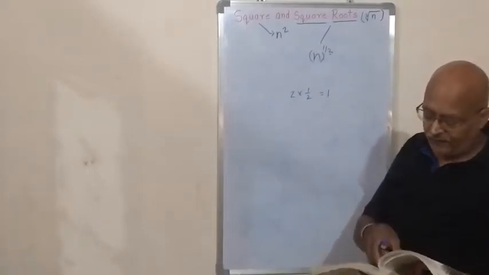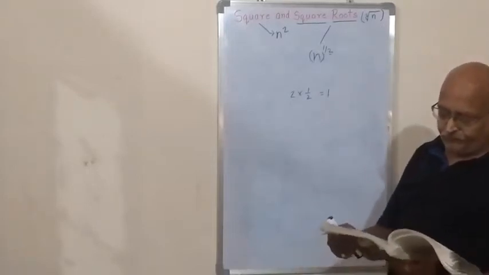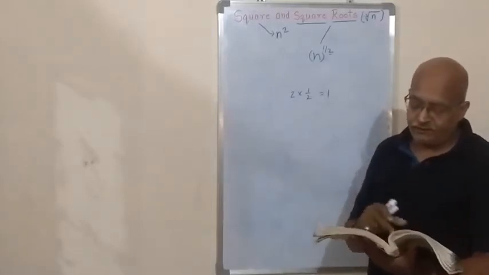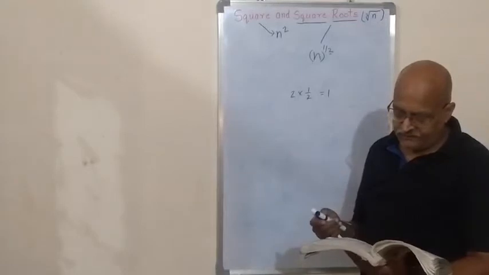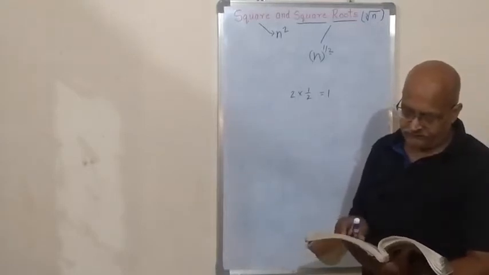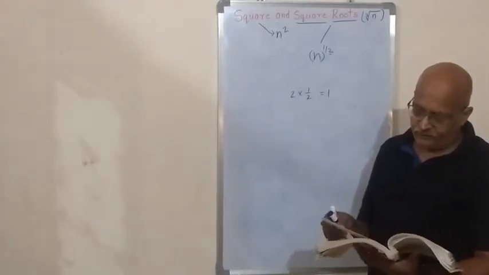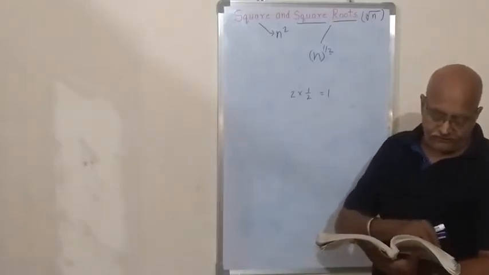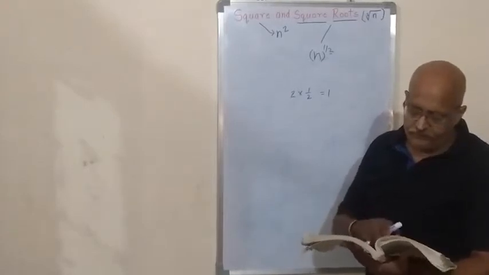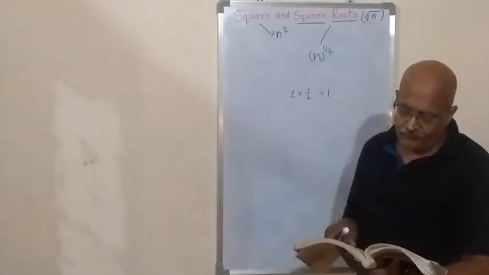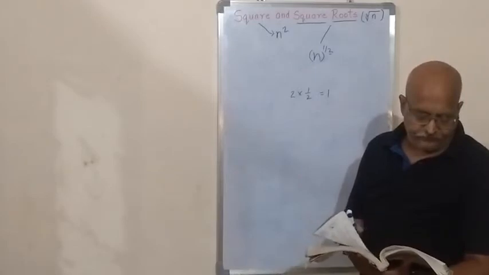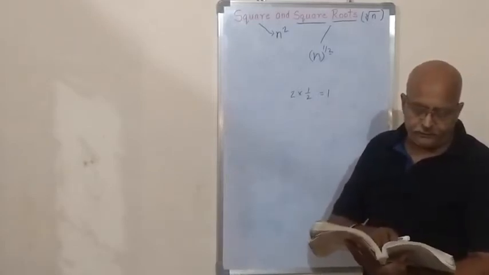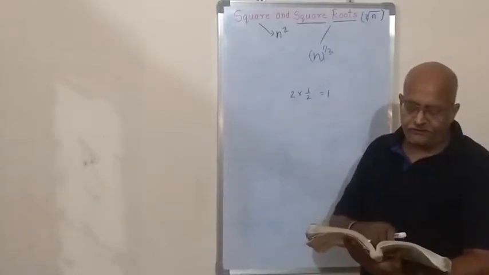Now, how to find the root of any given number? Initially we are going to take the perfect squares. For this, the first method is finding the square root through repeated subtraction.